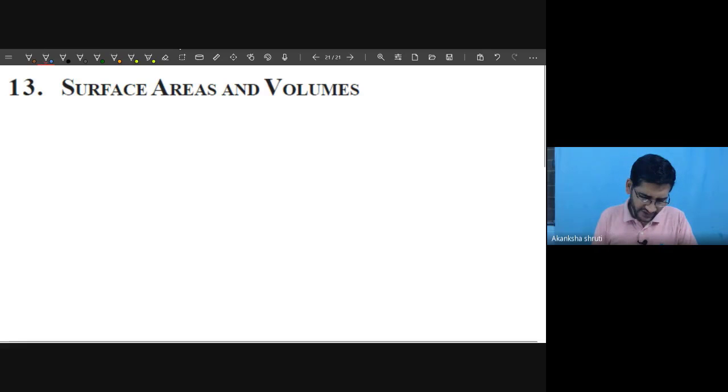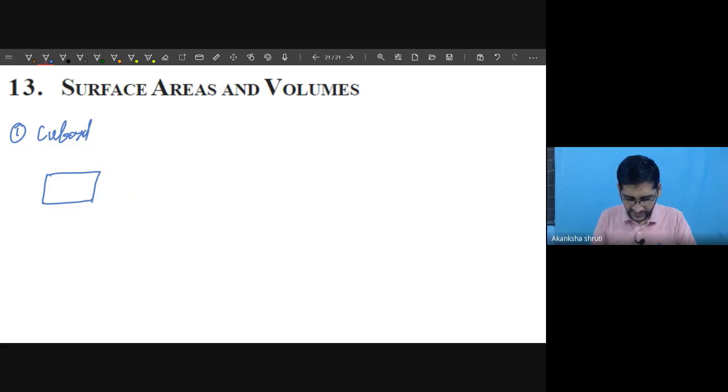The very first one, we had started with, was the cube or cuboid, where length, breadth and height were given to us. Consider this one side as length, another side as breadth, and this is perpendicular to it.